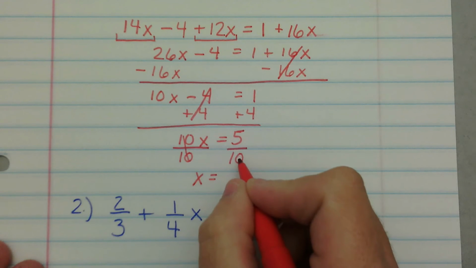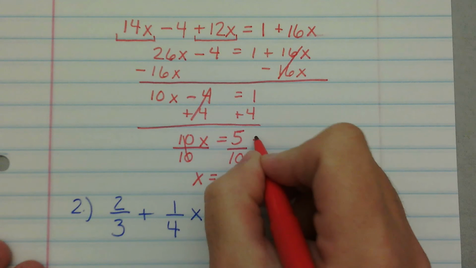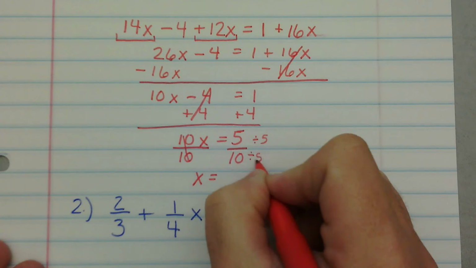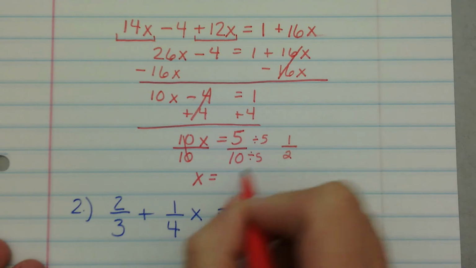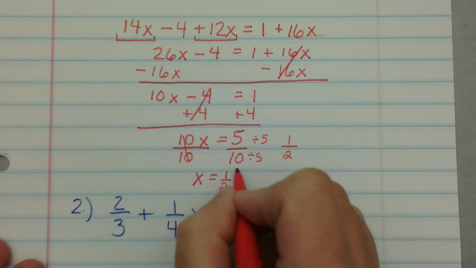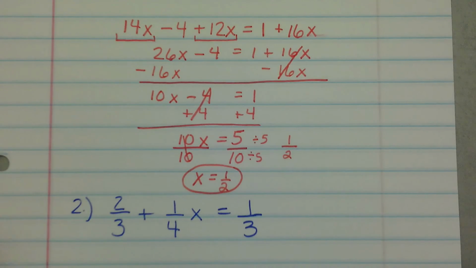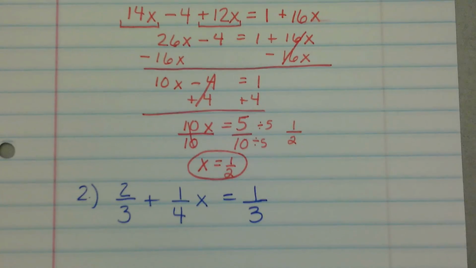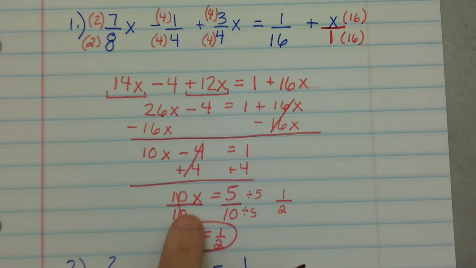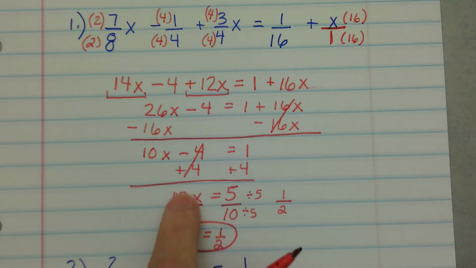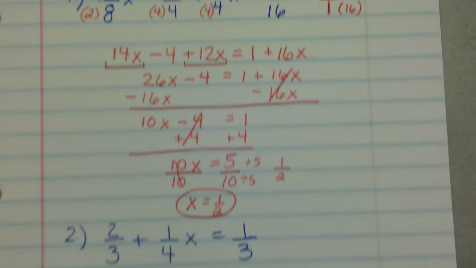And 5/10 is not 2. 5 divided by 5 is 1. 10 divided by 5 is 2. It's 1/2. Okay? So that's your first one. So hopefully you got 1/2. If you got all the way to the bottom and divided both sides by 5, that's not true because you're trying to get x by itself. So you got to move the 10.